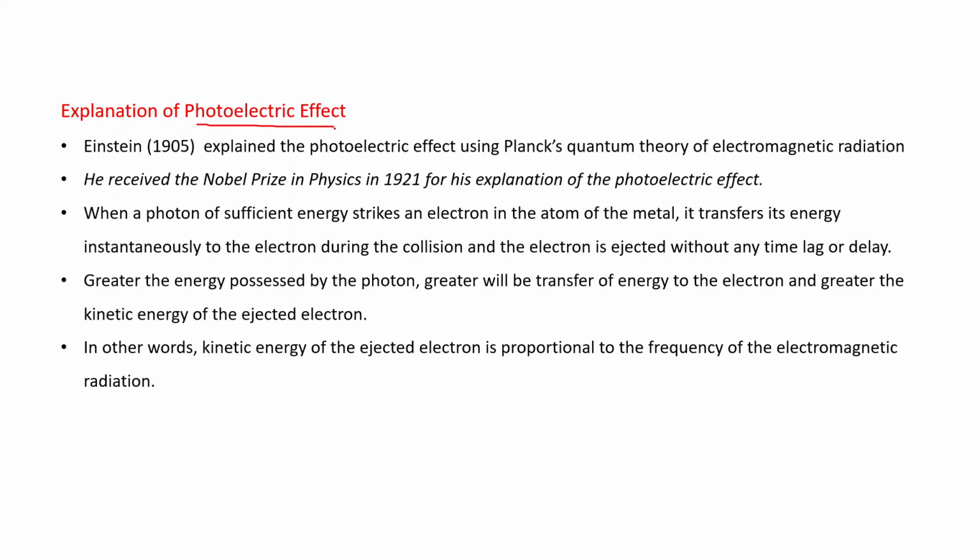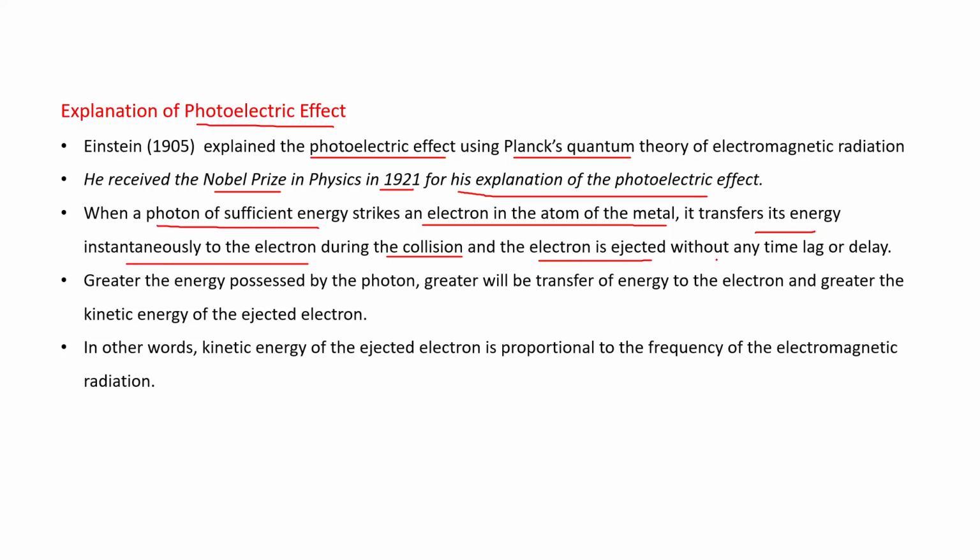Explanation of photoelectric effect. Einstein explained the photoelectric effect using Planck's quantum theory of electromagnetic radiation. He received the Nobel Prize in Physics in 1921 for his explanation of the photoelectric effect. When a photon of sufficient energy strikes an electron in the atom of the metal, it transfers its energy instantaneously to the electron during the collision, and the electron is ejected without any time lag or delay.